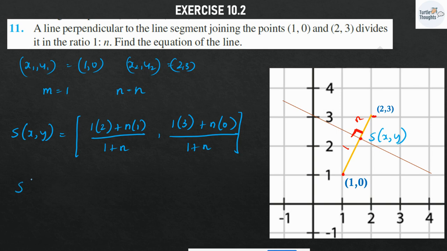So I will be getting S as (x, y), which is equal to (2 plus n) whole divided by (1 plus n), comma, 3 divided by (1 plus n). So 3 plus 0, you can write as 3 itself. There is not going to be any difference, right?